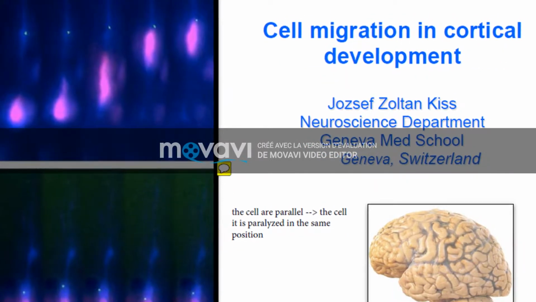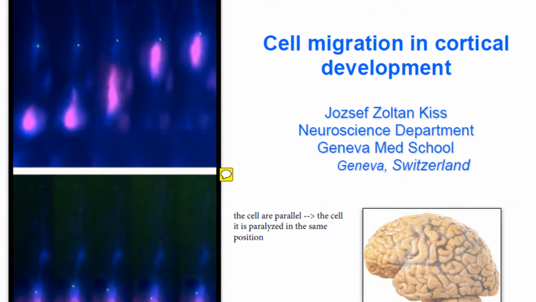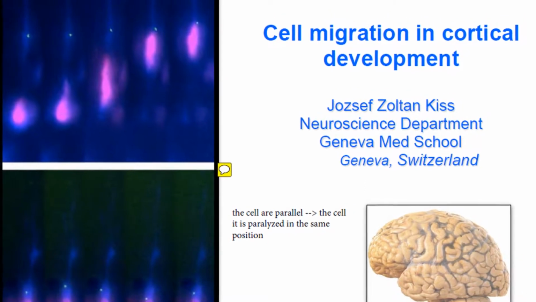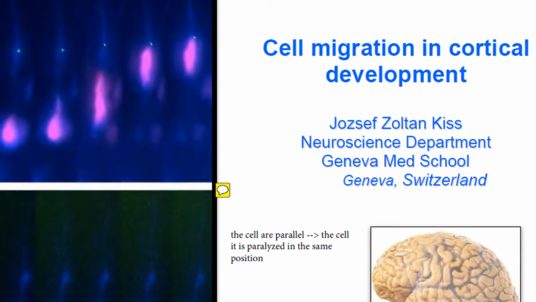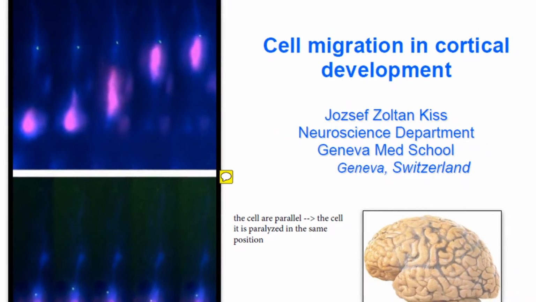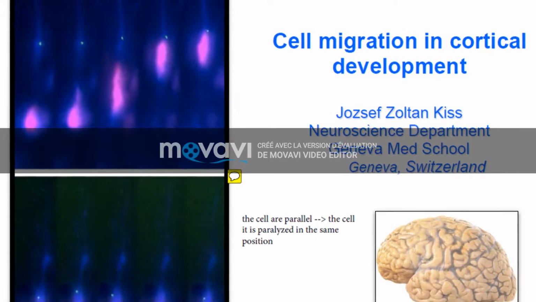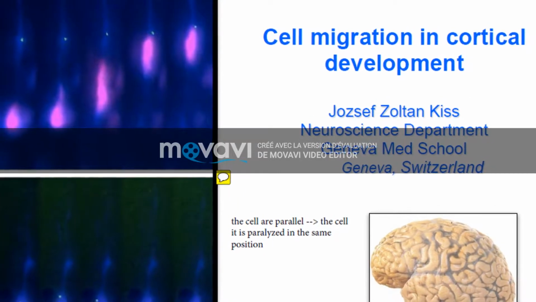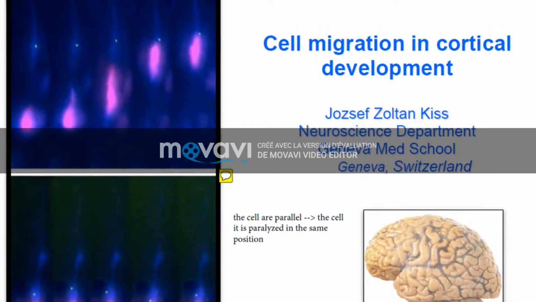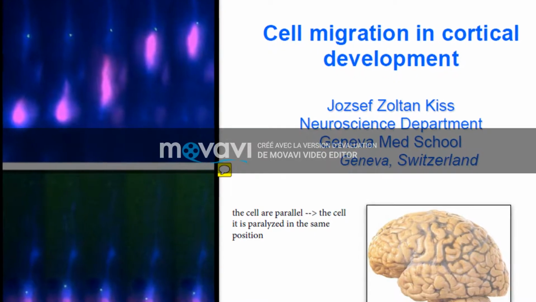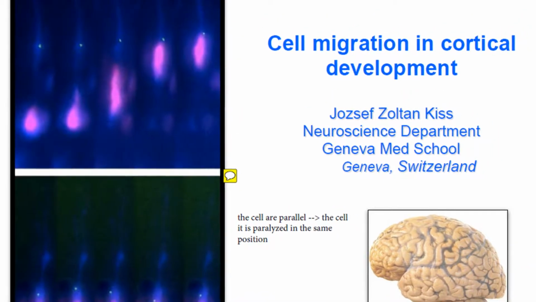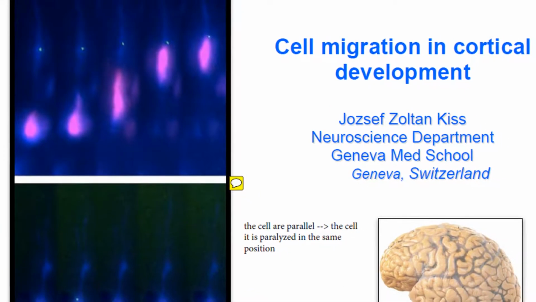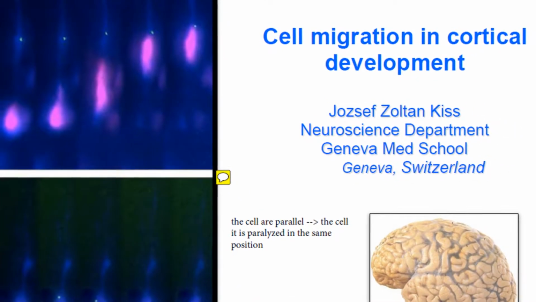So here is how you have to imagine this event. In the ventricular wall, we have a blueprint of the future cortex. It's like a mosaic. And each small area of this mosaic is linked to the future cortex by a radial line.